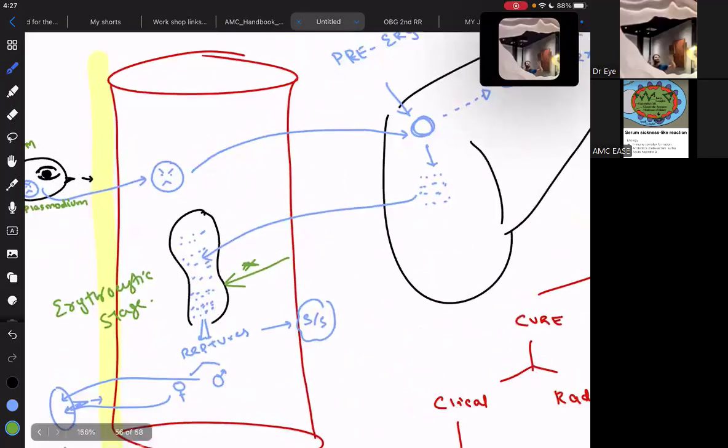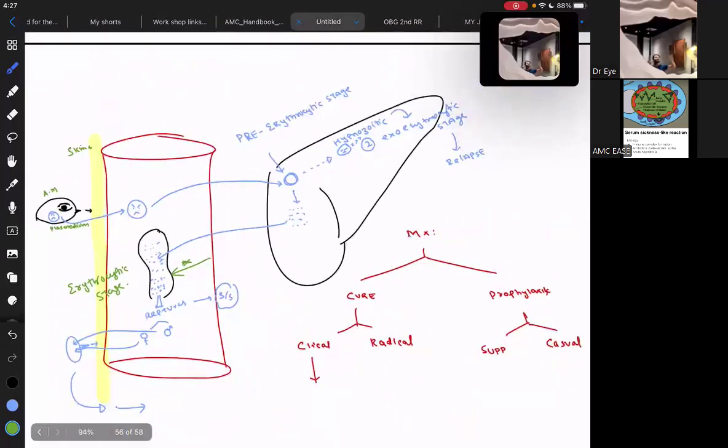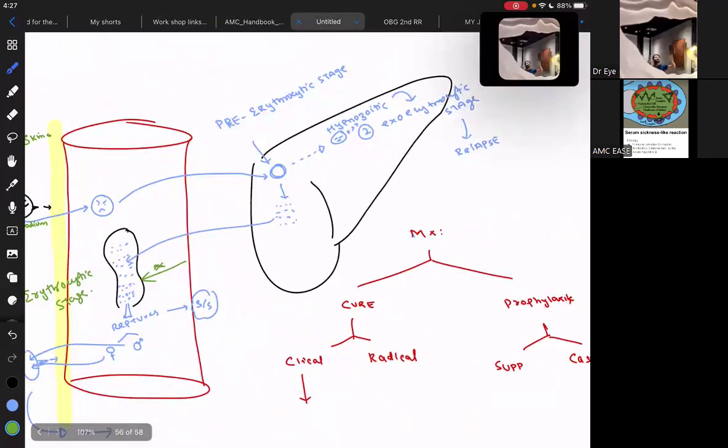Once it stings you, and this is the skin indicated with the yellow color, the plasmodium is transmitted into the vessel. From the vessel, it will go into the liver, and this stage is called the pre-erythrocytic stage. From there, it multiplies.